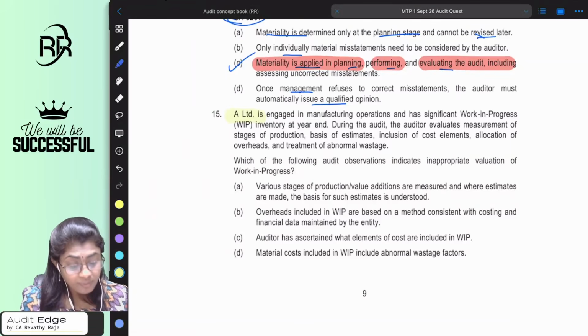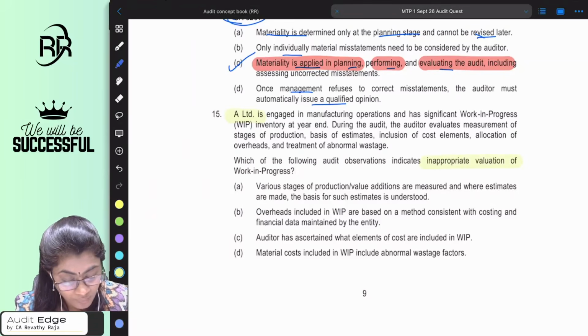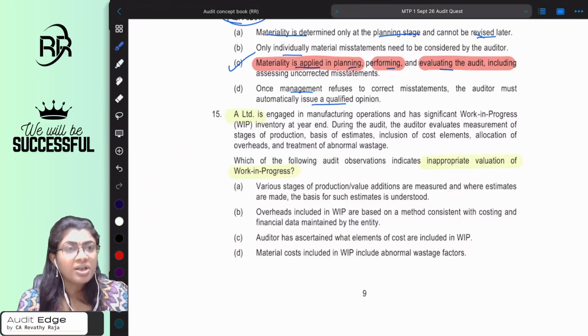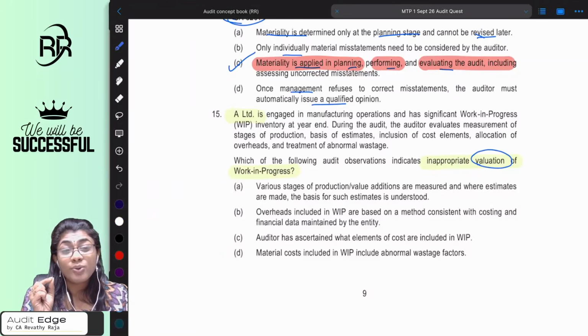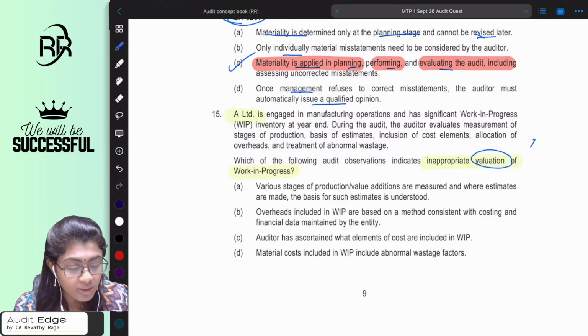All these they have given. Which of the following observations indicates inappropriate valuation of work in progress? Guys, which one? Valuation. The question they have asked is about valuation. Valuation is your AS 2.